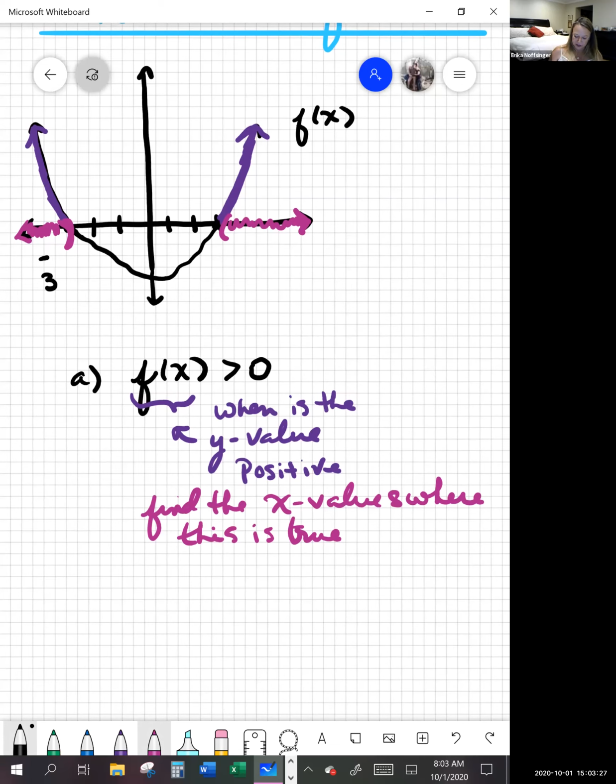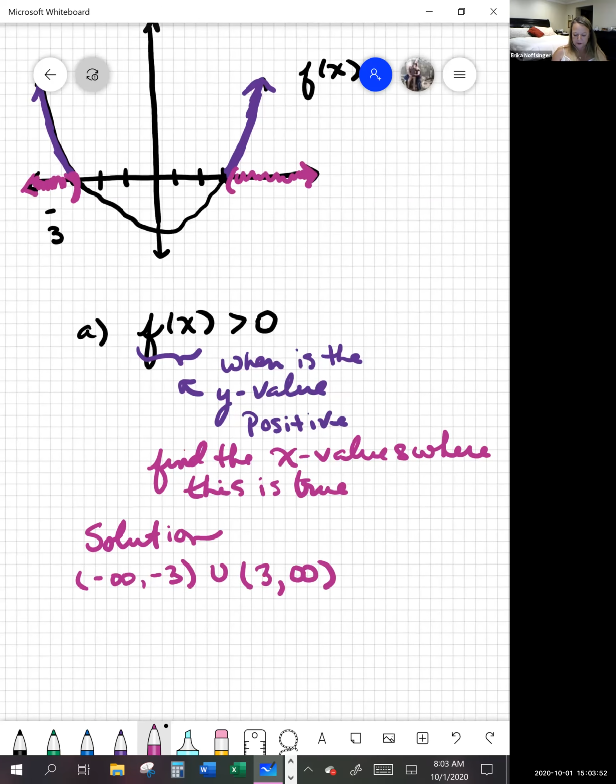So our solution is everything from -infinity all the way up to -3. Remember, we put the parentheses, union, and then parentheses because we're not including 3, then 3, infinity.